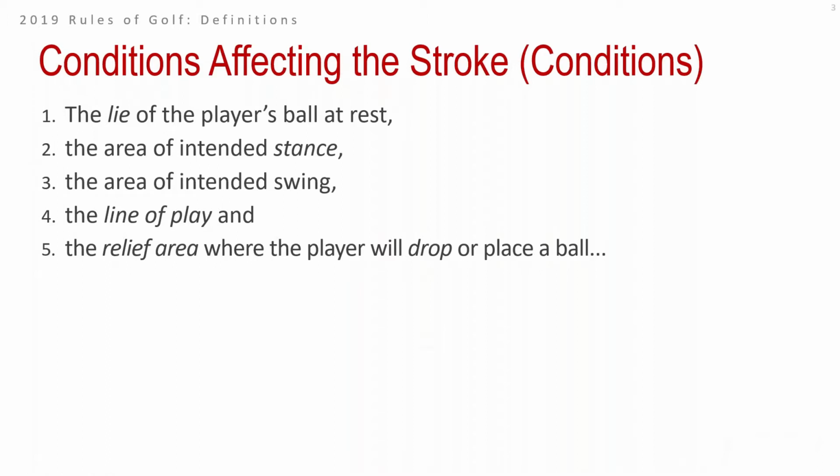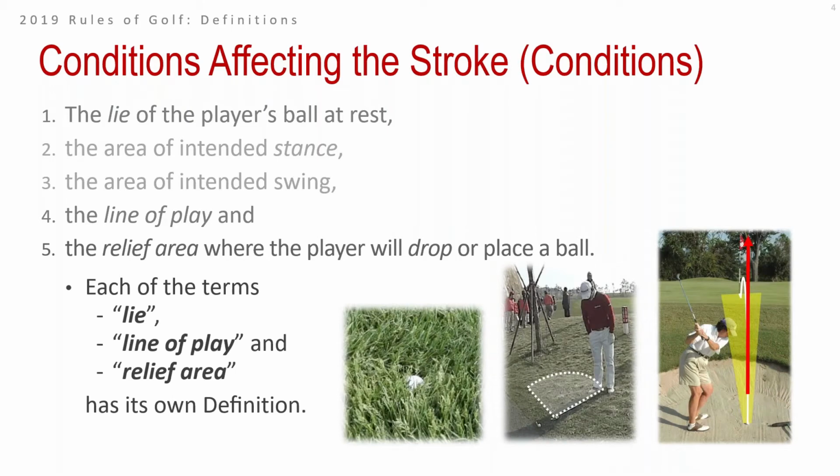Conditions affecting the stroke: the lie of the player's ball at rest, the area of intended stance, the area of intended swing, the line of play, and the relief area where the player will drop or place a ball. Each of the terms lie, line of play, and relief area has its own definition.